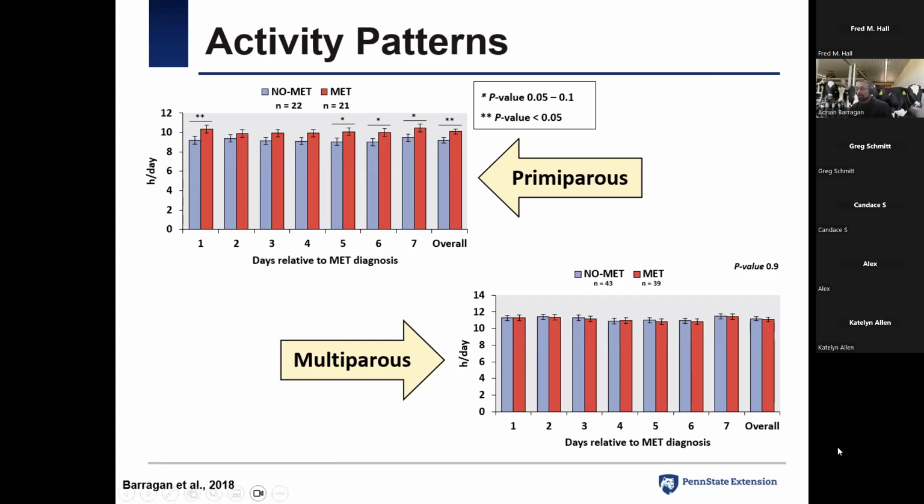There was no difference in multiparous cows, but primiparous cows had an increase in the time that they spend laying in their stalls. We concluded in this study that this could be associated with sickness behavior, right? When we don't feel good, when we have a fever, we don't want to go around and walk and socialize. We just want to lay down, right? So that was the conclusion we had.